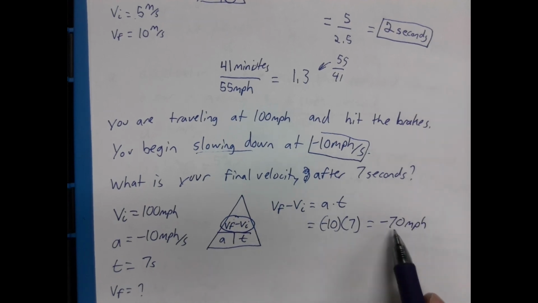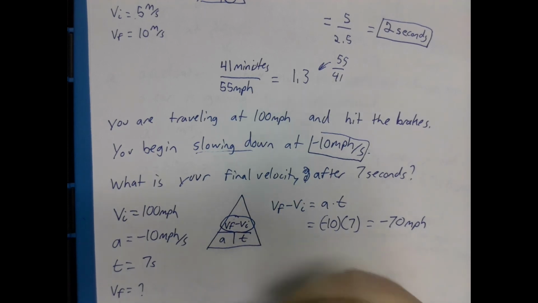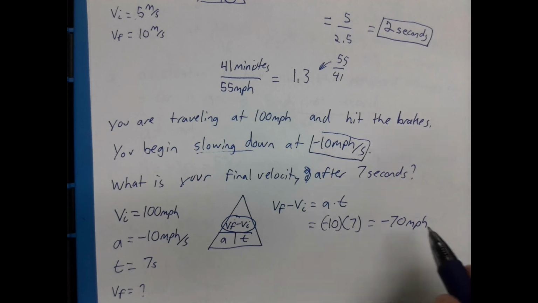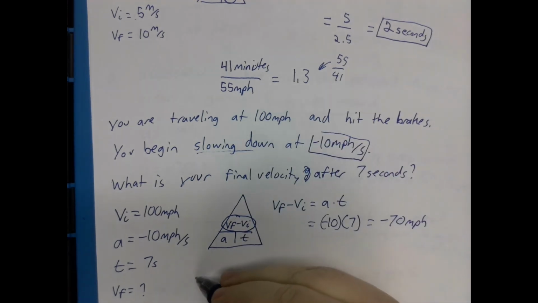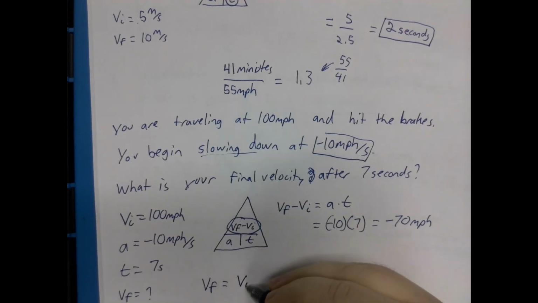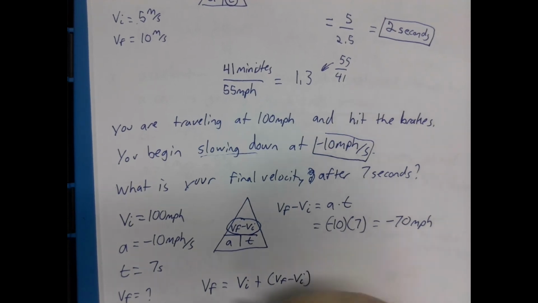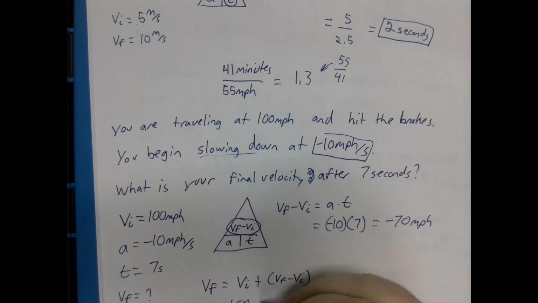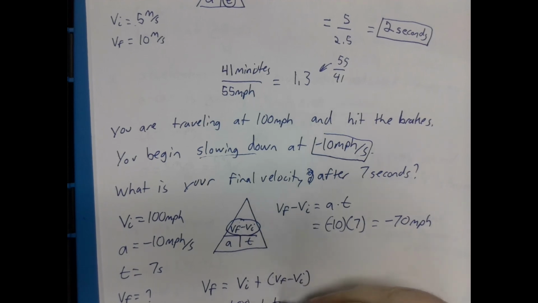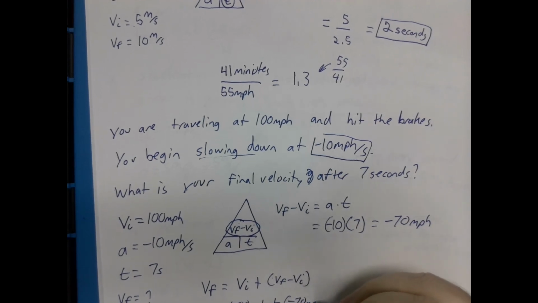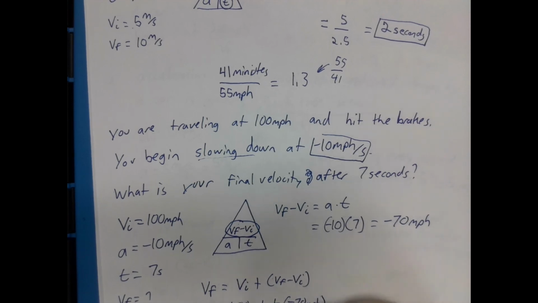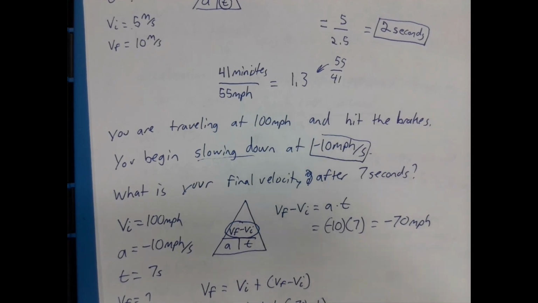You have slowed down by 70 miles per hour. So if you slow down by 70 miles per hour and you started at 100, that means you're now going 30 miles an hour. Your final velocity will be equal to your initial velocity plus your change. So 100 miles per hour plus negative 70 miles per hour, which is equal to 30 miles per hour.